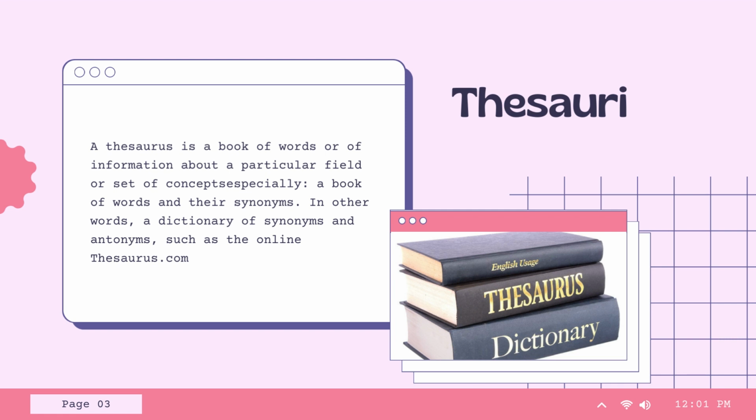For example, this online thesaurus dictionary, thesaurus.com.